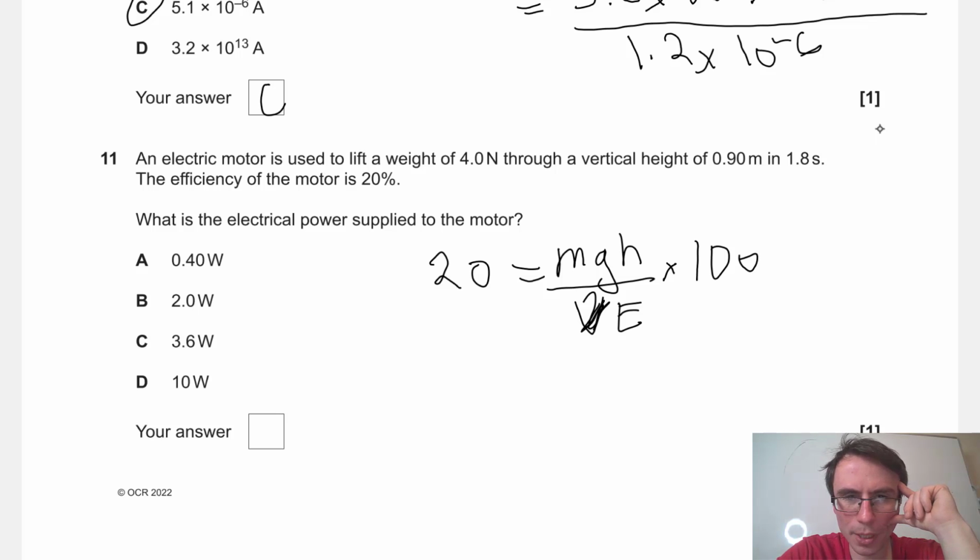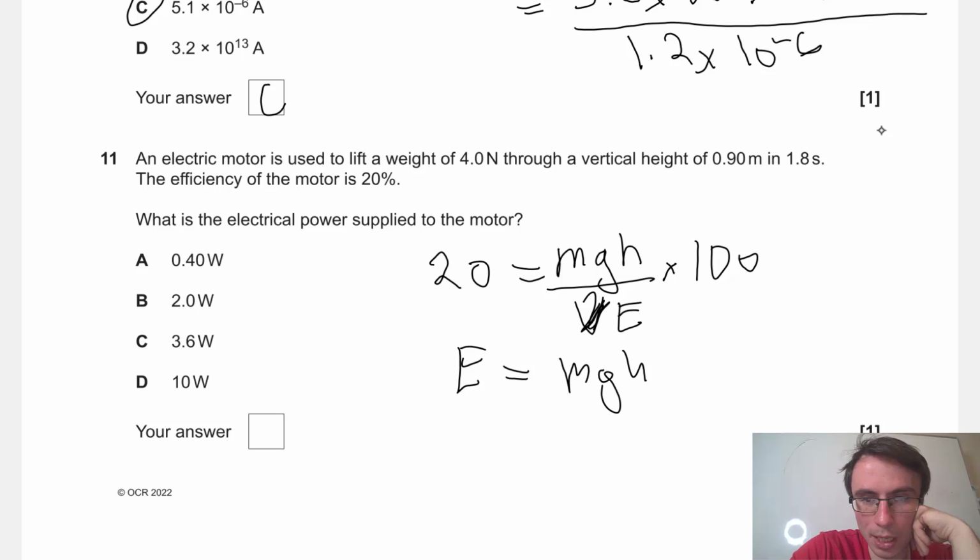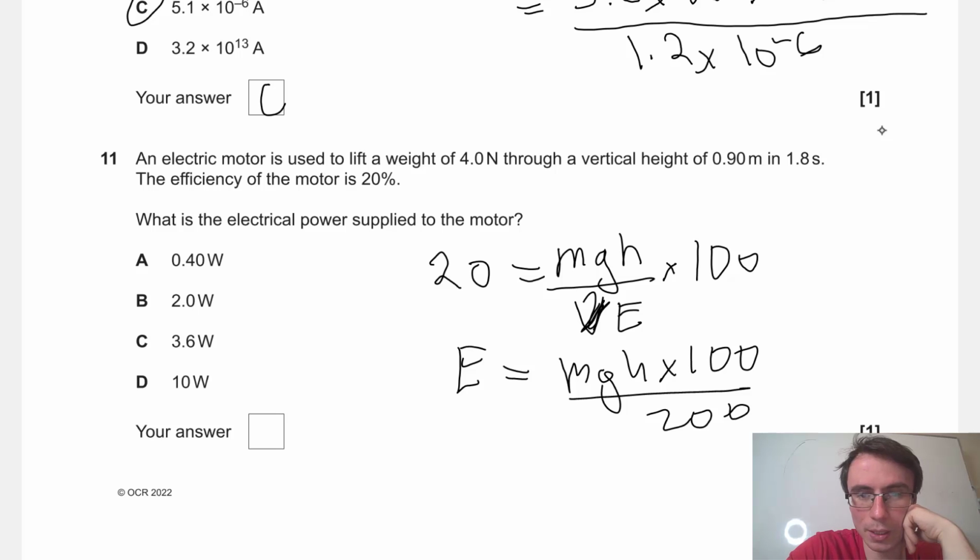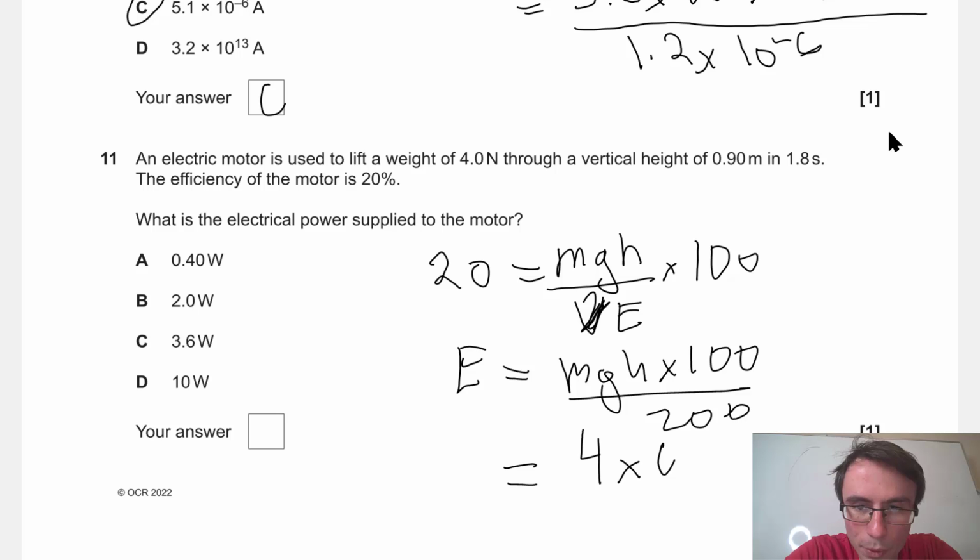Okay, we've got the weight, we've got the height. We can just work out the energy and then we can work out the power through there. So the energy will just be mgh times 100 divided by 20, which will then be equal to 4 times 0.9, then 100 over 20, not 200, spotted that mistake.